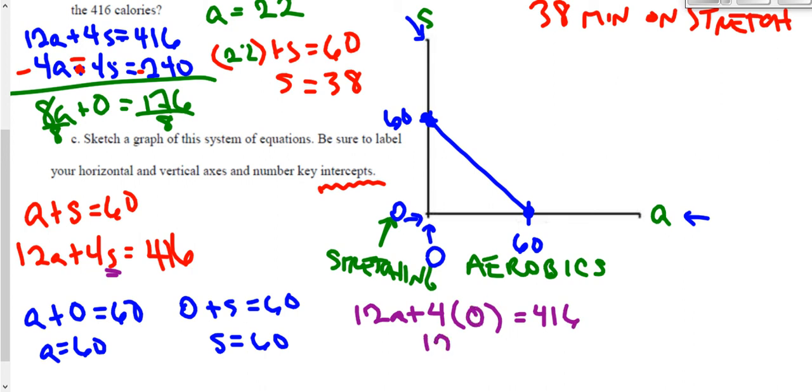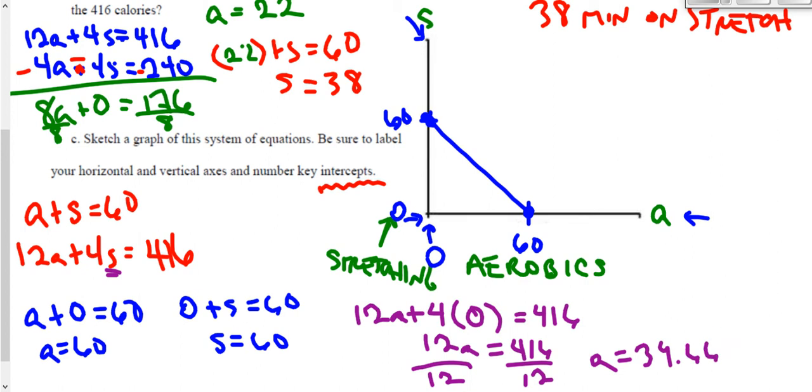That gives me 12a is 416, and that is 416 divided by 12, which is not a pretty number, and that's okay. 416 divided by 12 is 34.667. And since I'm graphing this, decimals are fine. 34.7 is just about 35. I'm going to put it here on my a-axis, smaller than 60, just over halfway. We'll call that 34.7. There's my a-intercept.